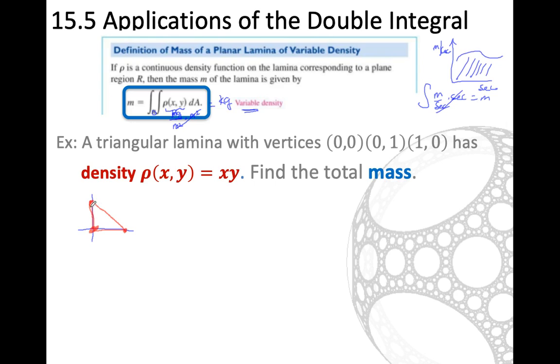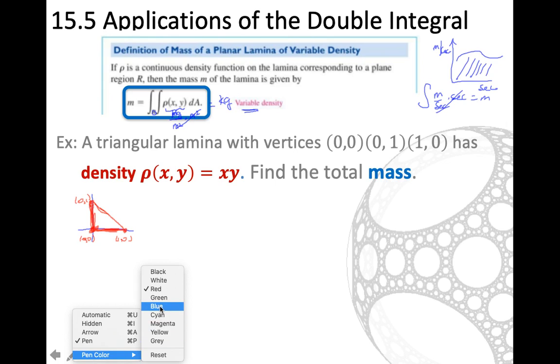Think about what that means. Certainly at the corner (0, 0) the density is 0, but isn't the density 0 along the whole edges of this lamina here? Can you see where the density would be the highest?